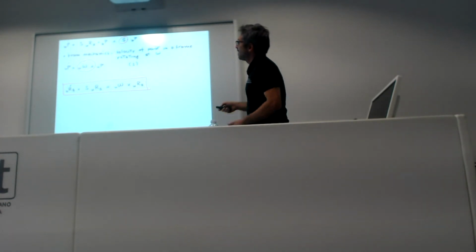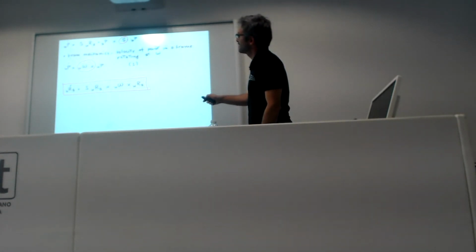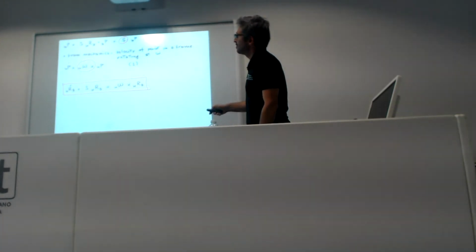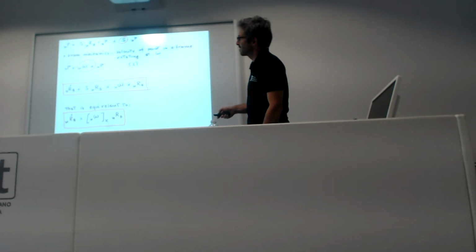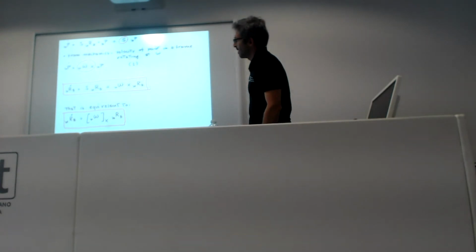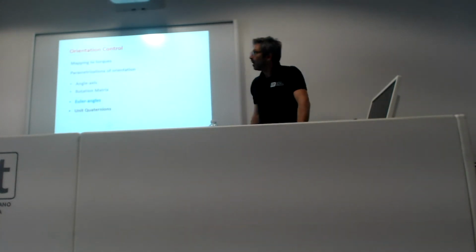So if we compare this term and this term, we see that this S is omega cross. So R dot is omega cross RB. Now, this is equivalent to expressing the cross product as a skew symmetric matrix, as we said here, this way. And we will use this in the future.